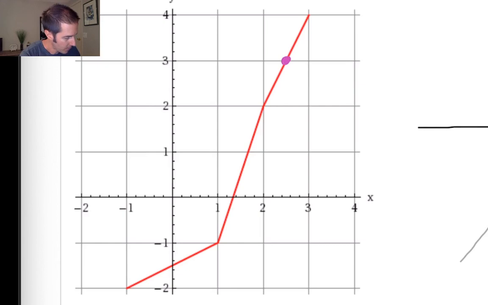Let's see, the first point that I just marked there was at 2.5, 3. The new point will be at 3, 2.5. So I'm coming over 3, going up 2.5. So when I reflect my graph over the line y equals x, I should end up with this point at 3, 2.5.